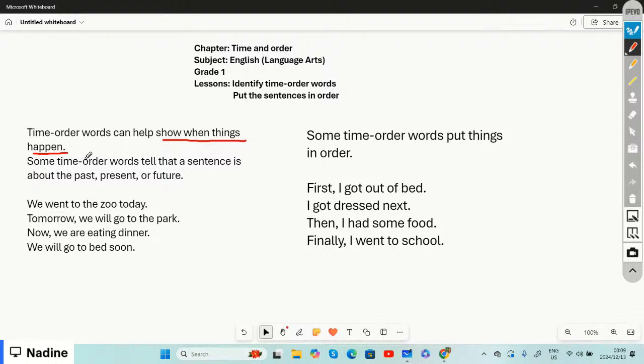And some of our time order words tell us that a sentence is about the past, showing things that happened in the past. They can tell us about the present, or they can tell us about the future. And your wording, when it comes to time order words, will basically be able to tell us if it's in the past, in the present, or in the future.